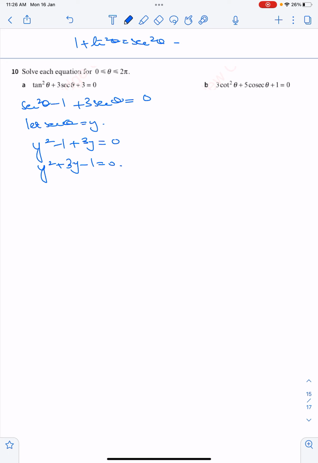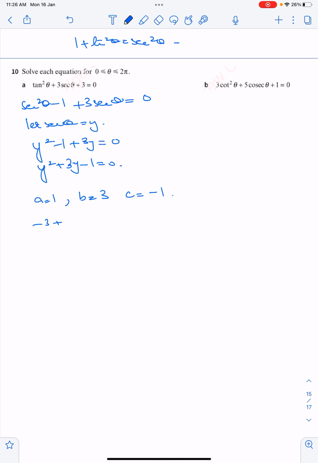I can't break the middle term here, so I'm using the quadratic formula. A equals to 1, b equals to 3, c equals to negative 1.